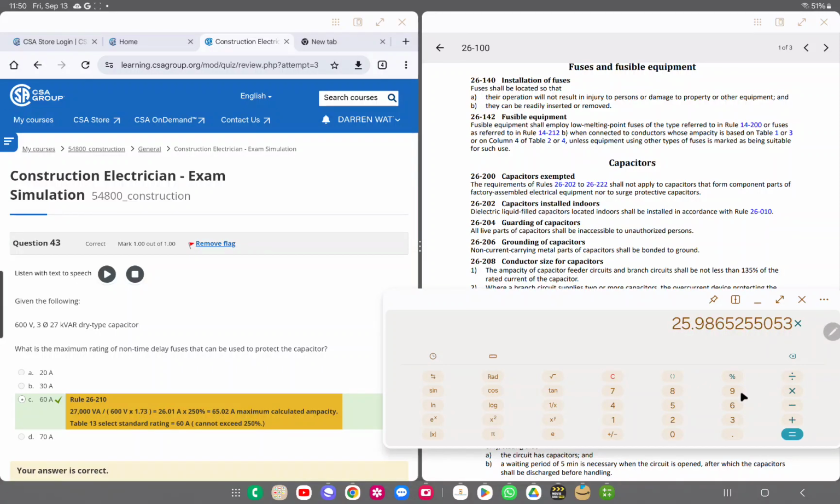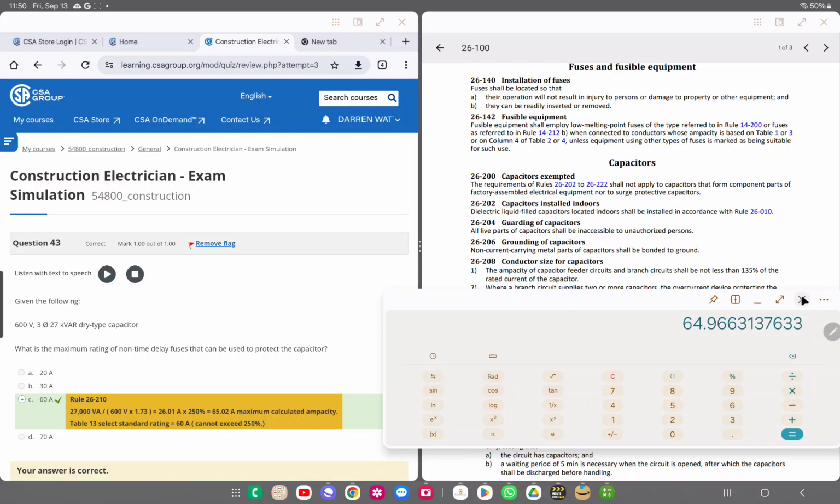Multiply that by 250% for overcurrent, and you're going to get 64.9. Then just write that down on the side here, 64.96. Sorry, 65, call it.